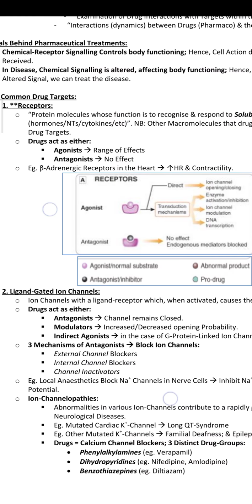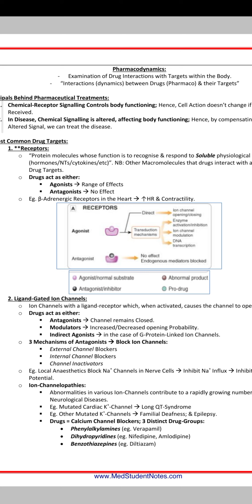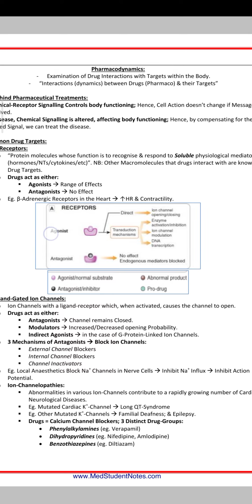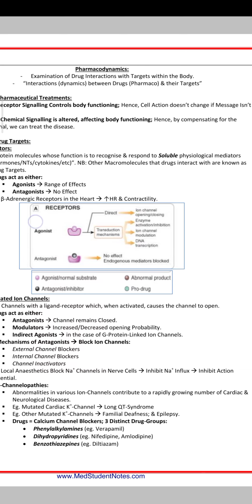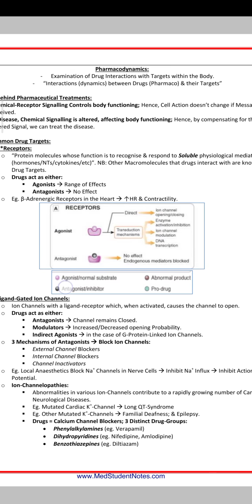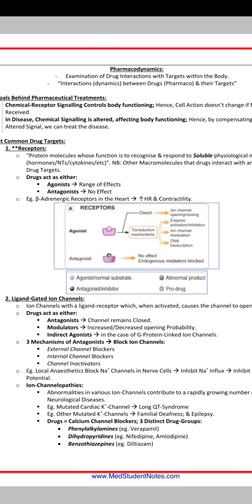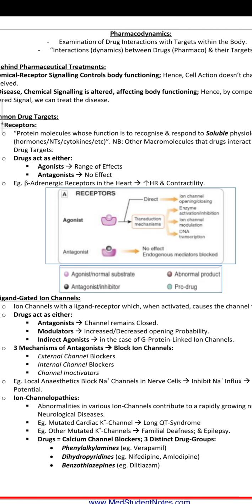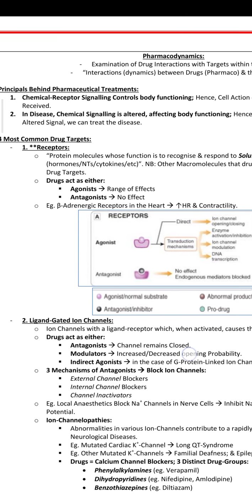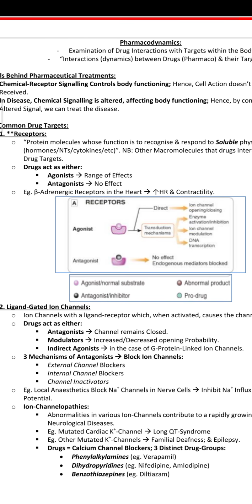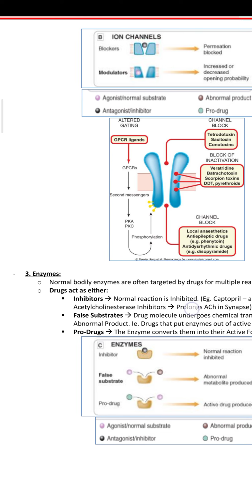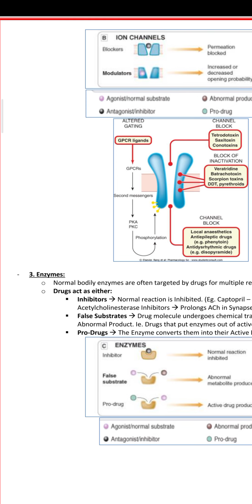In this, altered gating is not explained, only the mechanism of local anesthetics, and the abnormalities in ion channels and the diseases they contribute to, and beta adrenergic receptors, and the three calcium channel blocker drugs used for angina.